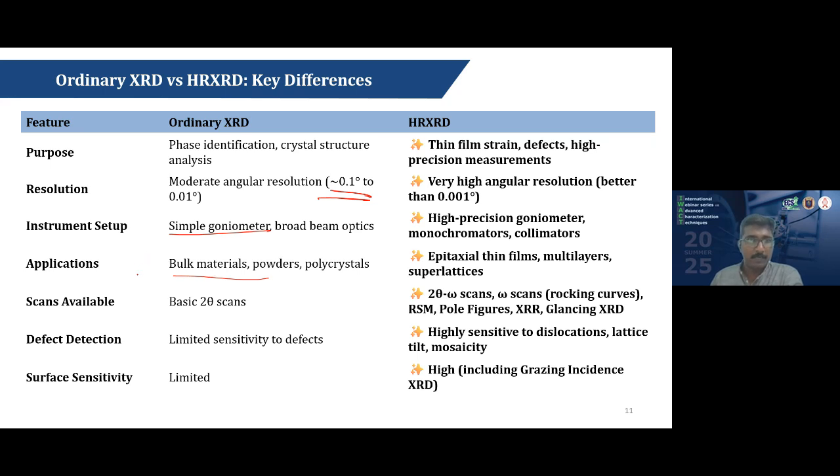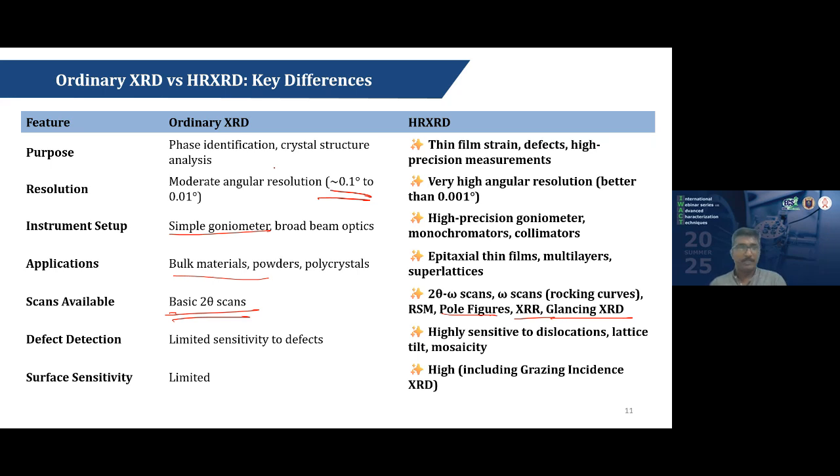In the case of ordinary XRD, we can only do a normal theta to theta scan, whereas in the case of HRXRD, we can do multiple scans like omega to theta scan, rocking curve scan, reciprocal space mapping, pole figure analysis, X-ray reflectivity, and glancing angle XRD. All these features are there in HRXRD.